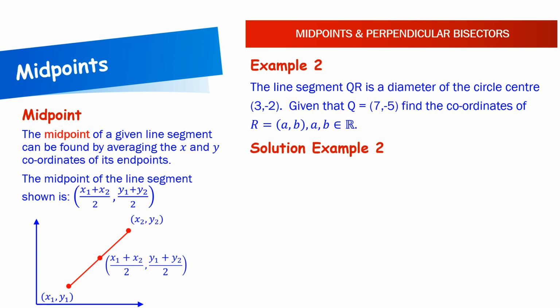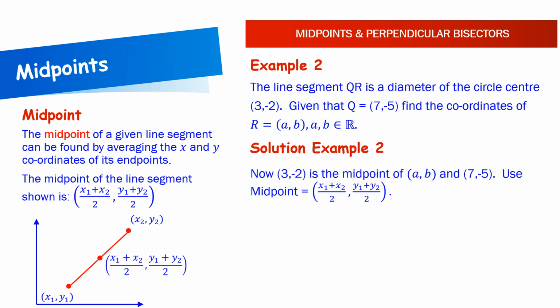So let's solve this example. (3, -2) is the midpoint of QR, and Q is (7, -5). Using the formula for the midpoint, let's substitute in all these values. So here (x1, y1) is (7, -5), and (x2, y2) equals (a, b).